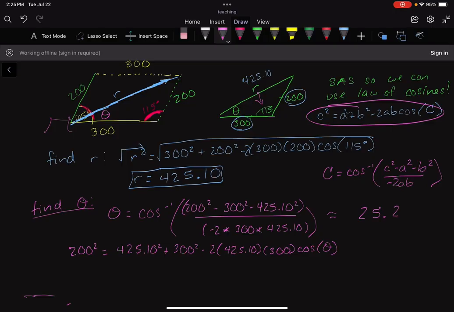as my answer. Now you want to be a little careful here with some of these because it's very possible that my math lab could get picky on the rounding. This one I just did one decimal place. That 425.10, since that's technically a rounded value, we may have wanted to use the answer button on your calculator.